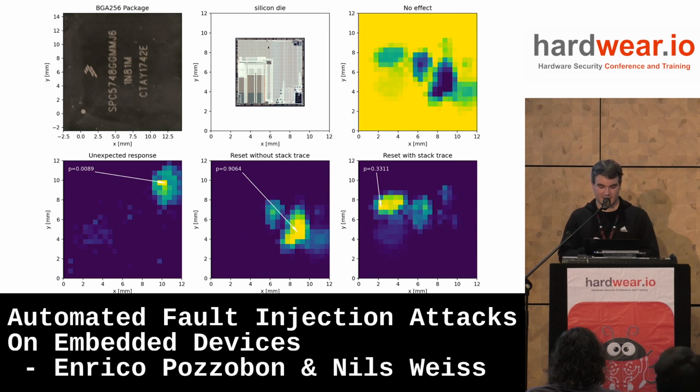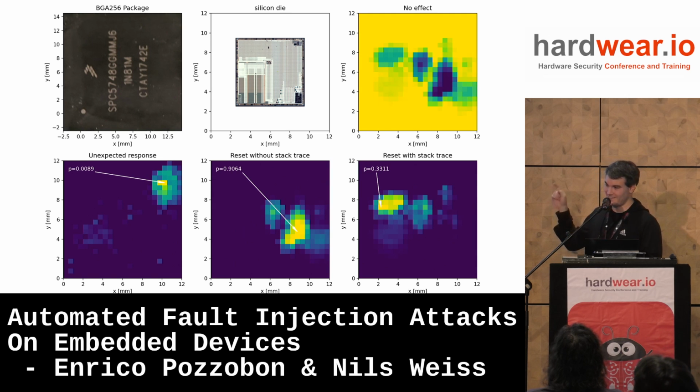Now, when I'm saying that each of these exceptions correlates with some internal component of the microcontroller, this is what I mean. So here we have a nice picture of the silicon die provided by Olivier from Explained. I don't know if I placed it right here. It might be flipped, but it doesn't really matter.